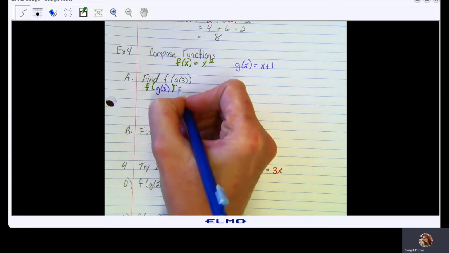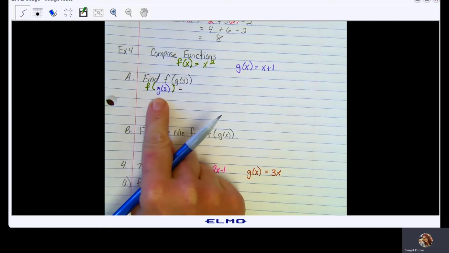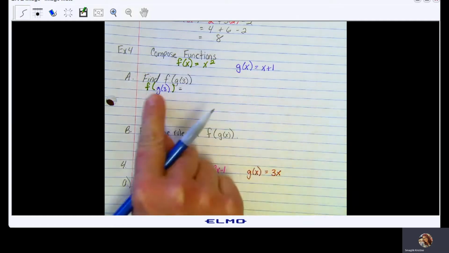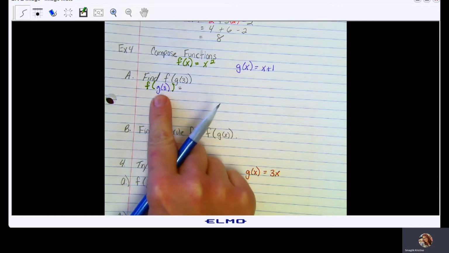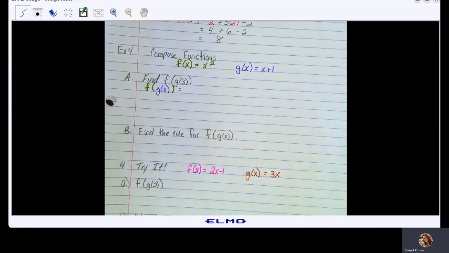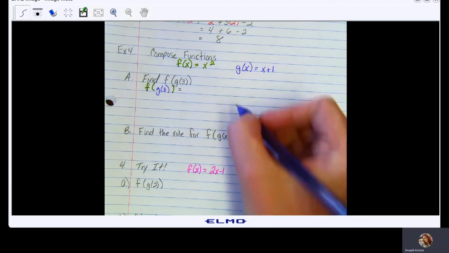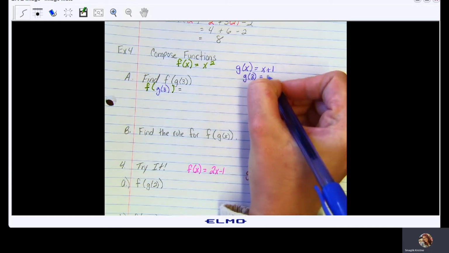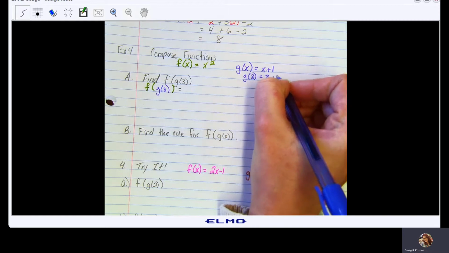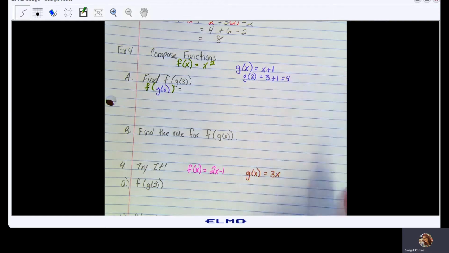What I want to do first is evaluate g of 3. The output of g of 3 is going to now be my input for f. So let's find out, what is g of 3? g of 3 equals 3 plus 1, which is 4.